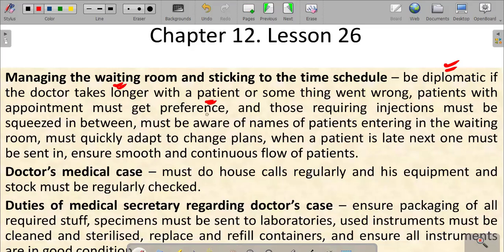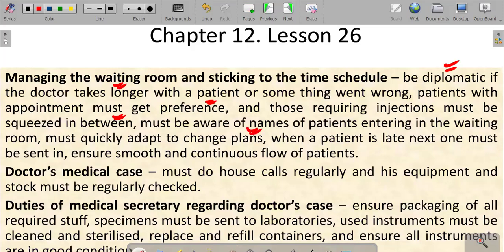Patients with appointments must always get preference, and those requiring injections must be squeezed in between, depending on the space and pressure in the facility. The medical secretary must be aware of the names of patients entering the waiting room, and must quickly adapt to change plans if necessary.